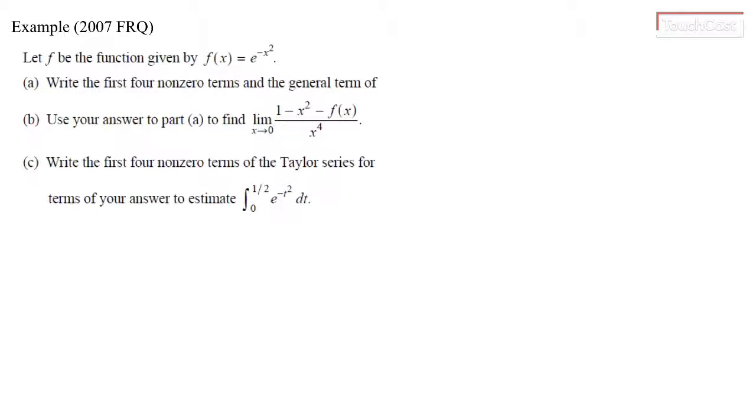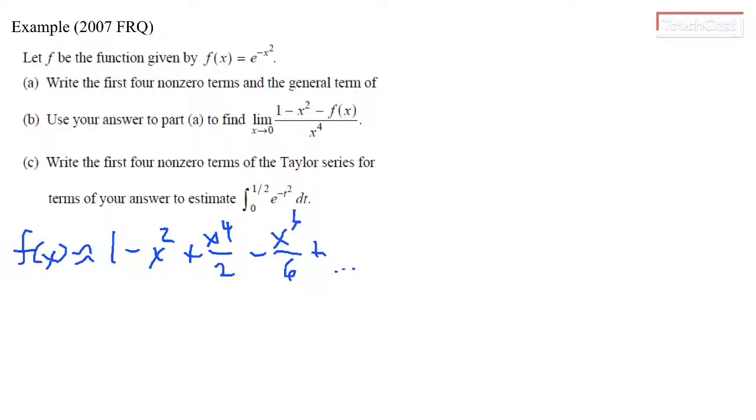All right, so we're going to try this, see if it helps to have more space to do our writing. Our answer to part A was f of x approximately equal to 1 minus x squared plus x to the 4th over 2 minus x to the 6th over 6 plus ... and this was negative 1 to the n, x to the 2n over n factorial.